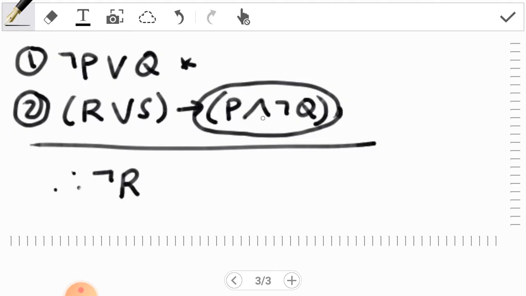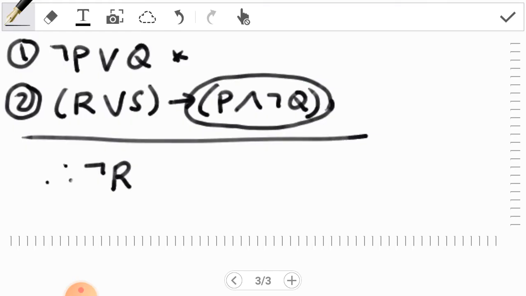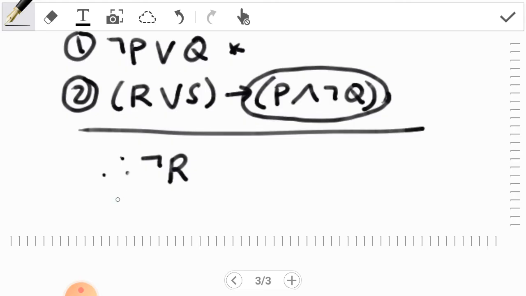And we want now to get the negation of this. And how can we produce the negation of this? Go now to the first premise. To get the negation of this one, this is now a single line, so we can apply De Morgan's rule. Using De Morgan's rule, we now obtain not P and not Q. Isn't it?